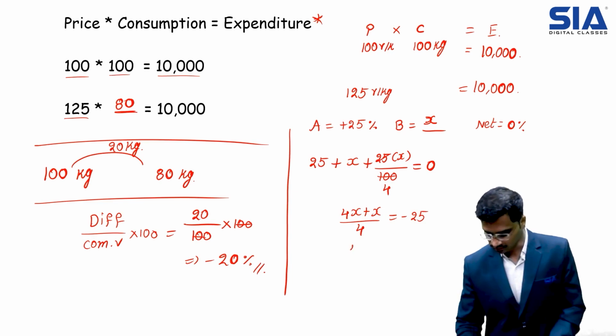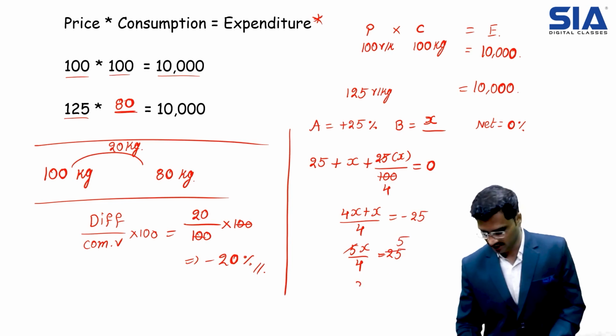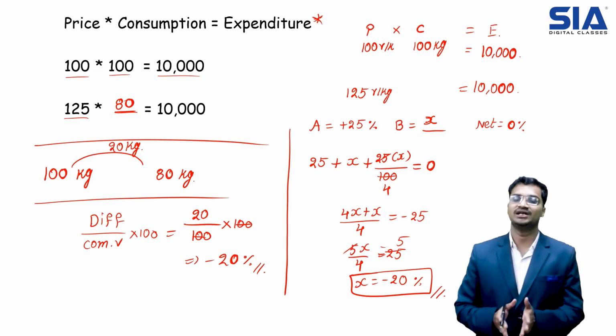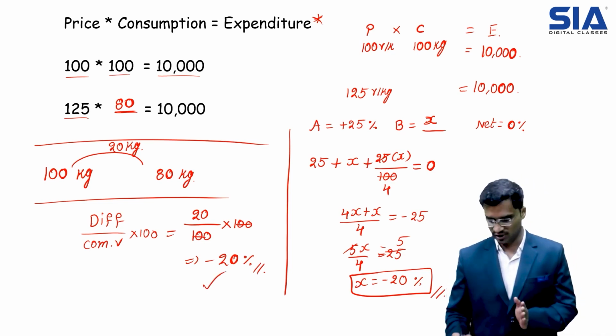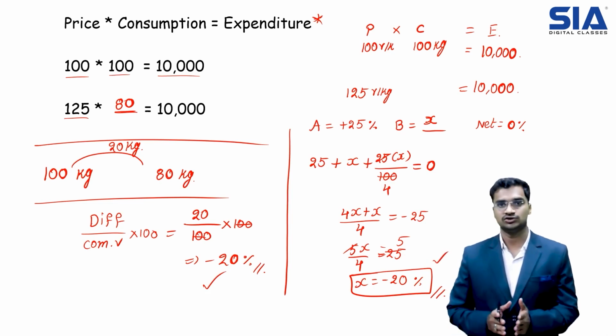Then 5x by 4 is equal to minus 25. 5 5s are 25. So x is equal to minus 20%. My consumption should be decreased by 20%. You can go with the basic method or apply this AB rule to solve this question.